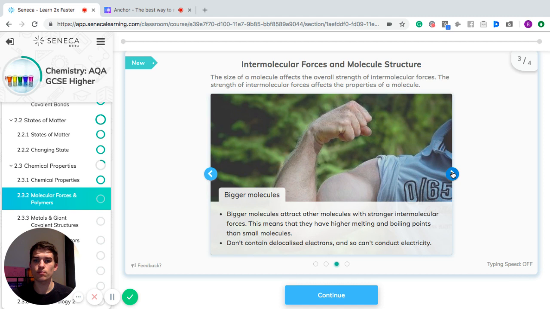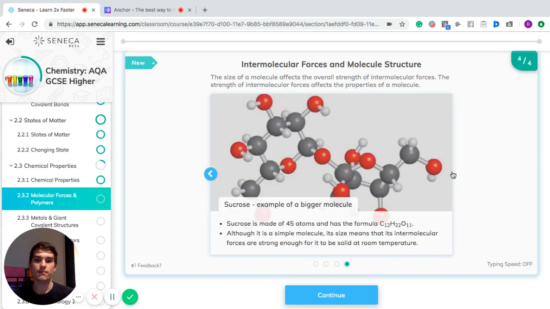Now, as molecules get larger, they attract other molecules with stronger intermolecular forces, and that means that they have higher melting and boiling points than smaller molecules. They don't contain delocalized electrons, so can't conduct electricity.